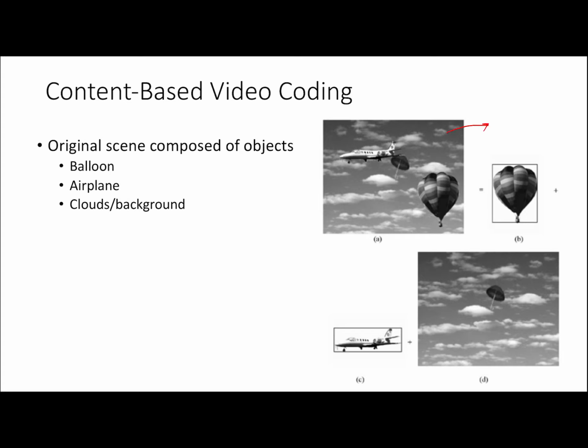These media objects are also known as audio and visual objects, which can be natural scenes or synthetic. That is, they may be captured by a video camera or created by computer programs.